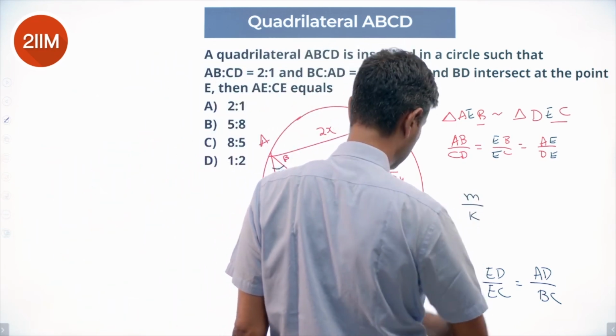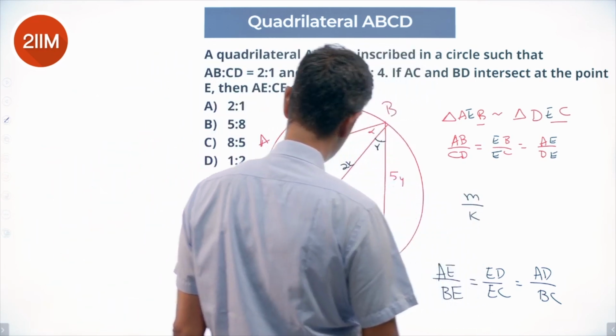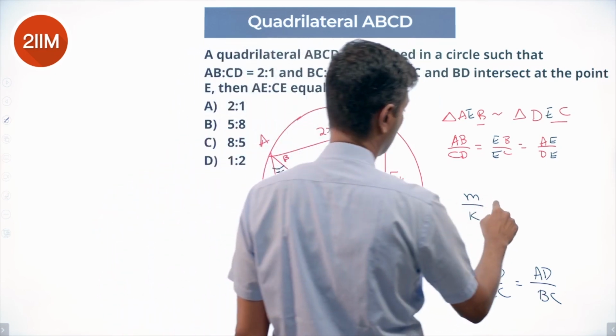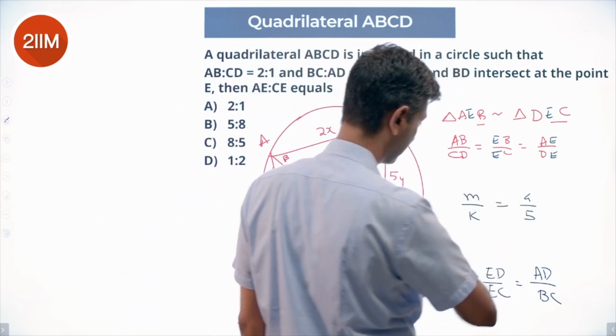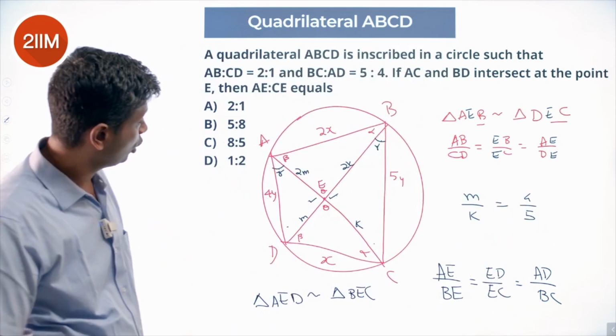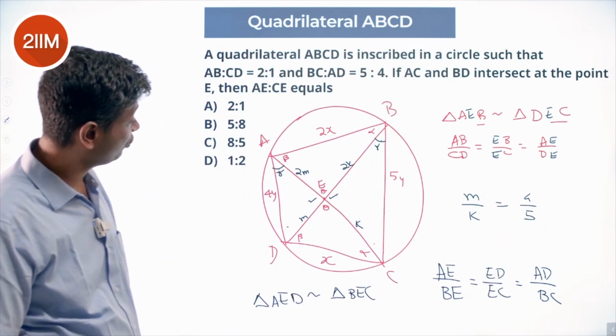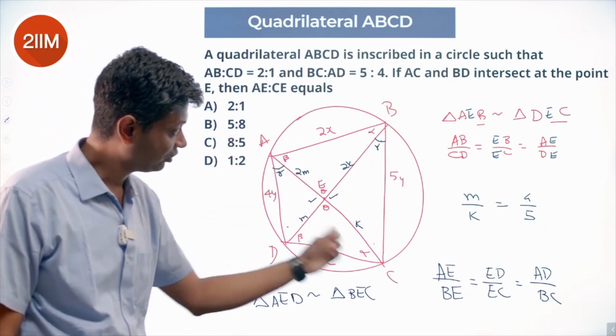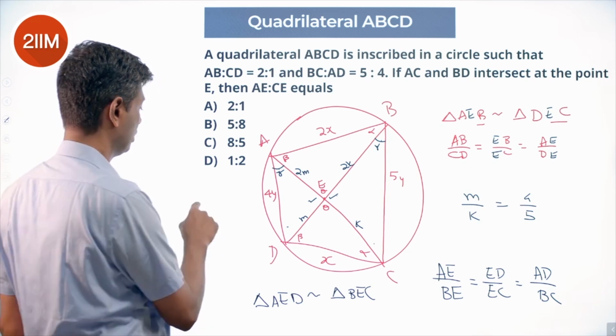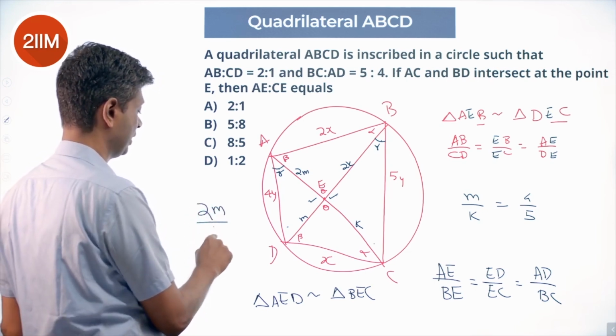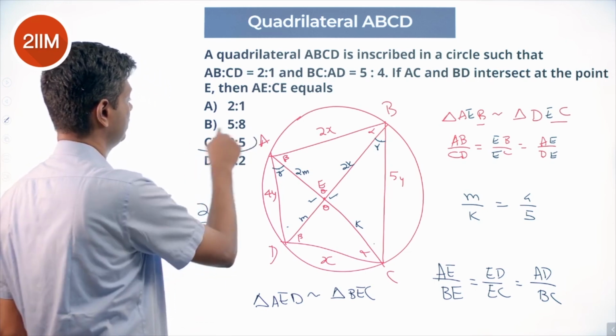M by K is equal to 2M by 2K equal to 4 by 5. What do we need to find? We need to find AE by CE. M by K is 4:5. We want to find 2M by K, which is 8:5. This is the answer.